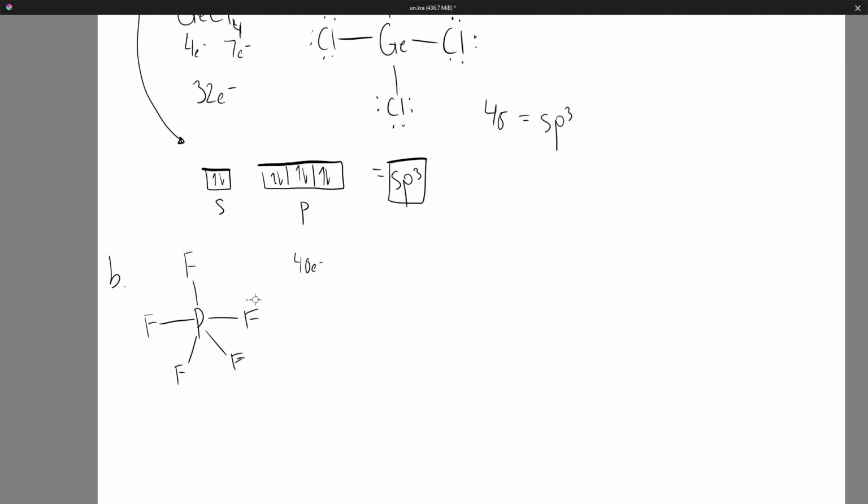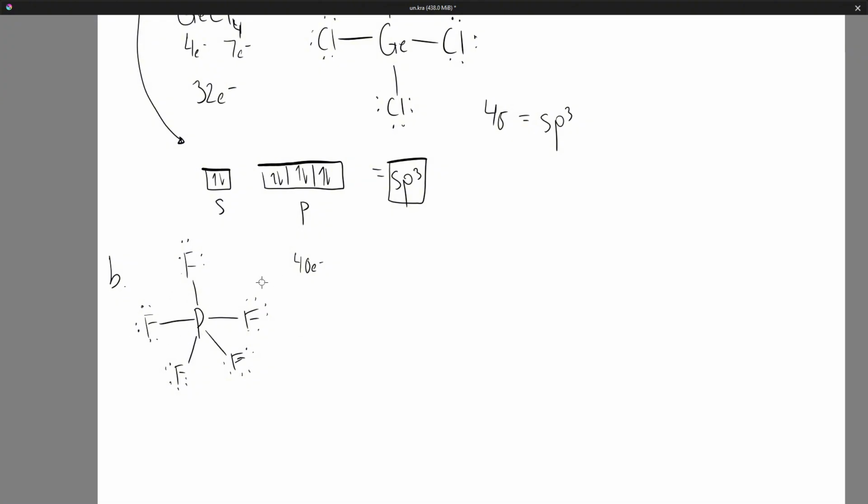So we start off by making each atom reach an octet. This is kind of the boring part, but you have to show the full Lewis dot structure to get points. So it's 8, 16, 24, 32, 40.